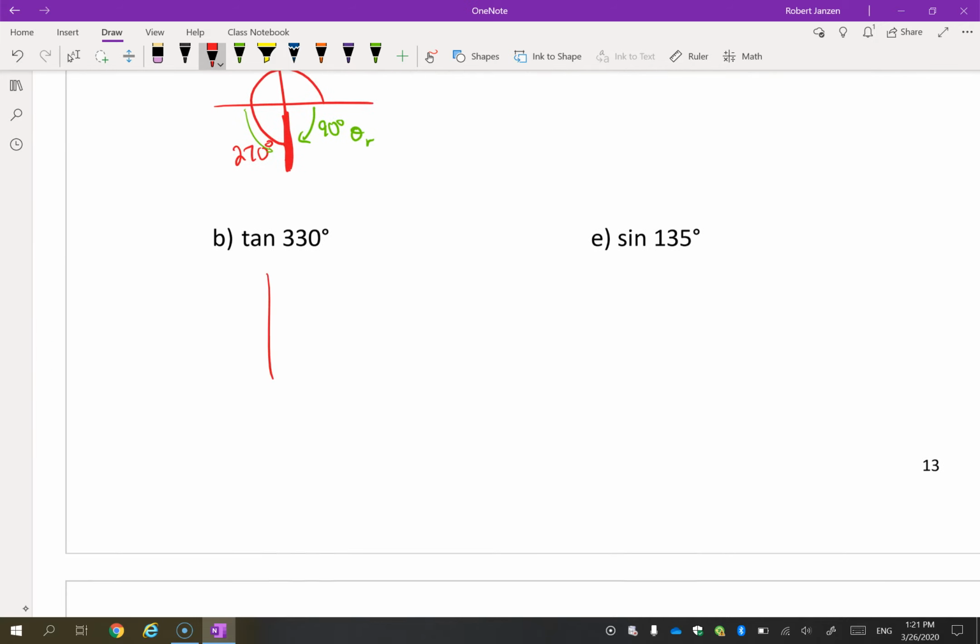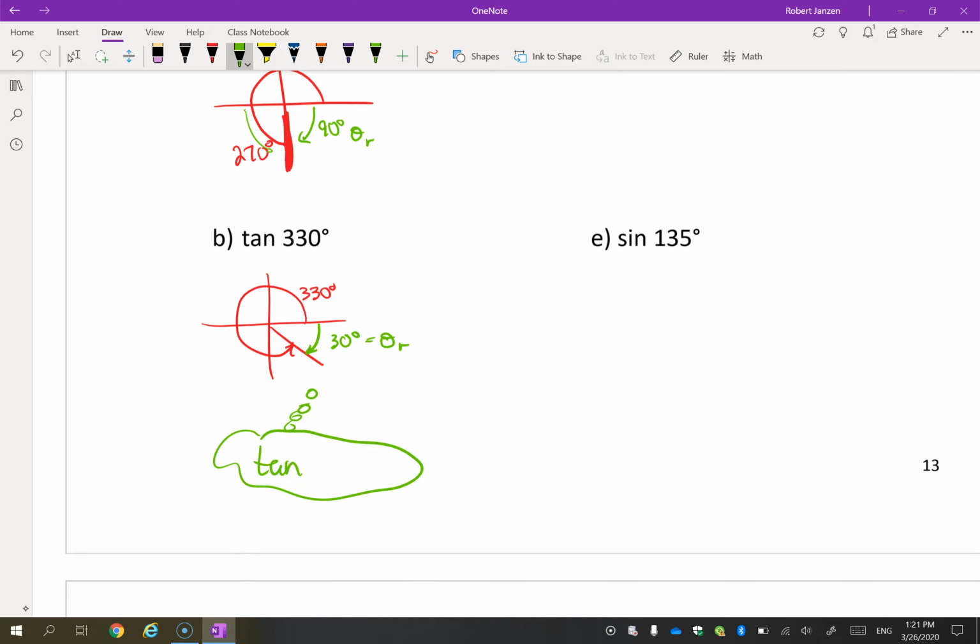Tan of 330. So first of all, where is 330 degrees? It's about here. That's 330 degrees. What is the reference angle? To the closest x-axis, this is 30 degrees. So in your head, you're going, all right, what is tan of 30?